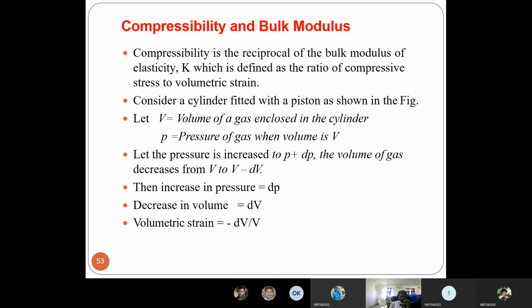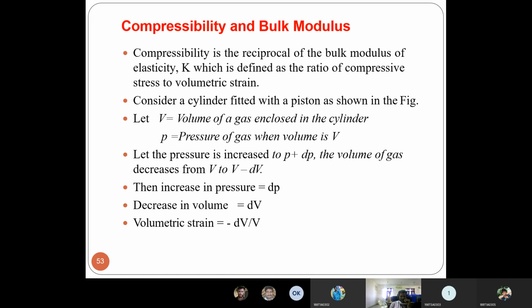Now the decrease in volume. Final value minus initial value.